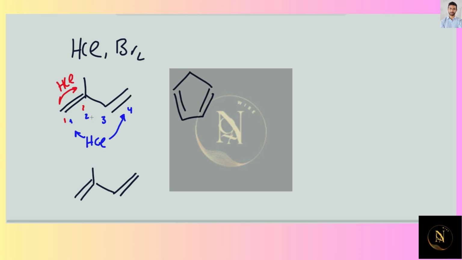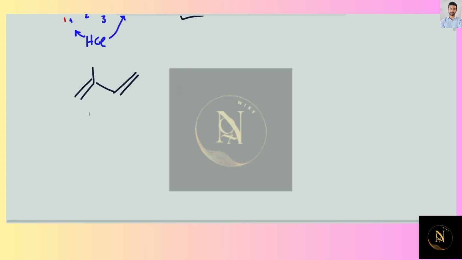I'll step through the mechanism so we can see why it happens the way it does. We get attack on the proton from the double bond. So that double bond will be destroyed, leaving behind the carbocation on whichever side is more substituted. And the Cl minus.